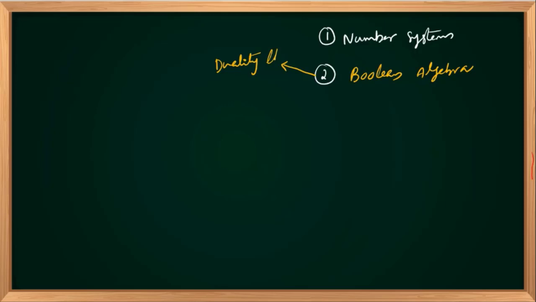Then we'll be discussing different postulates of Boolean algebra along with De Morgan's law, or De Morgan's theorem. Then one important topic under Boolean algebra is simplification of Boolean algebra.